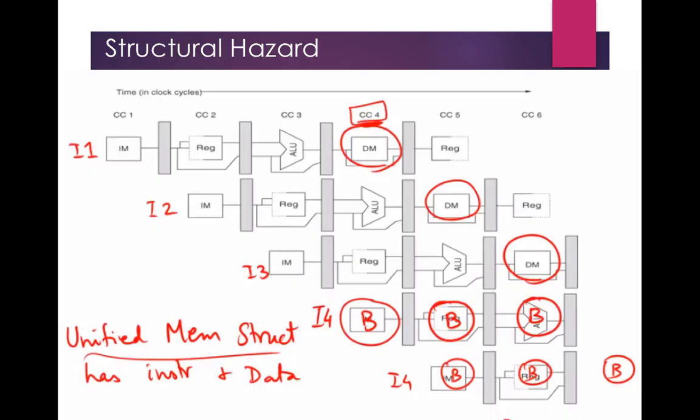Similarly, at clock cycle 6, if we try again, it conflicts with instruction 3, so we can't fetch the instruction at clock cycle 6. This is how instruction 4 gets delayed. For 3 instructions the pipelining works well, and for the next 3 we are making a bubble; we can't proceed further.